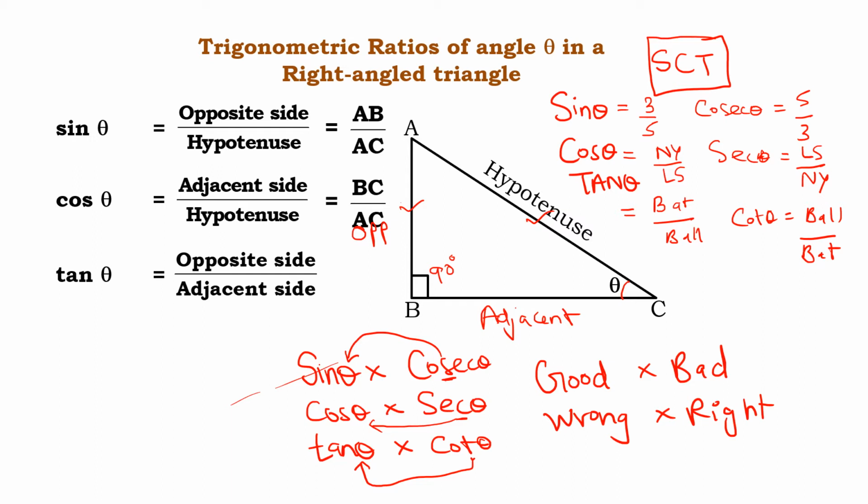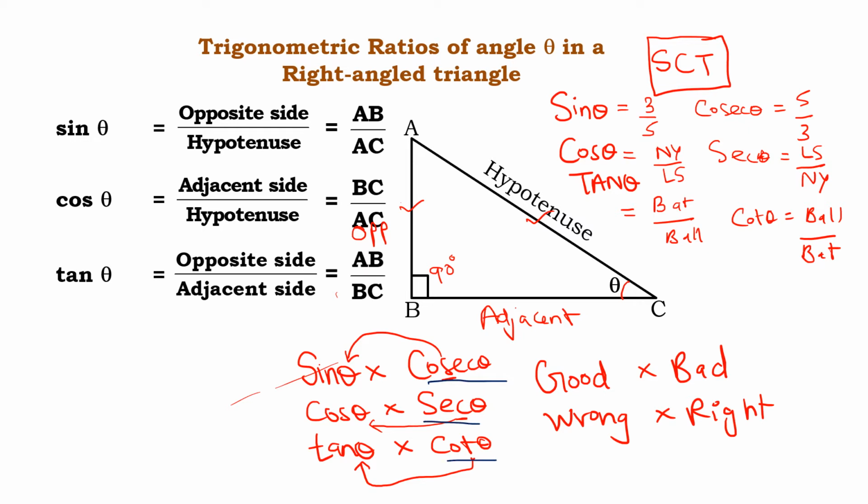Now, how will you remember all this? We got that sine theta is opposite upon hypotenuse, cos theta is adjacent upon hypotenuse, and tan theta is opposite upon adjacent. If we have these three ratios, similarly we can get their opposites: sine theta's opposite is cosec theta, cos theta's is sec theta, tan theta's is cot theta.